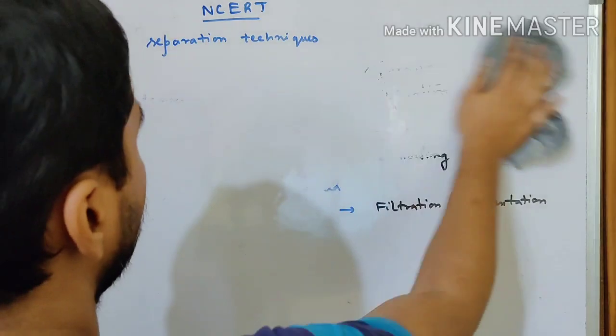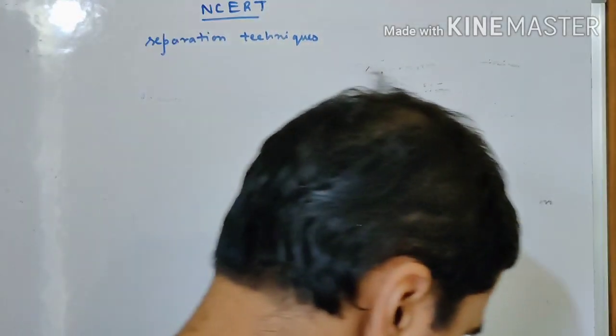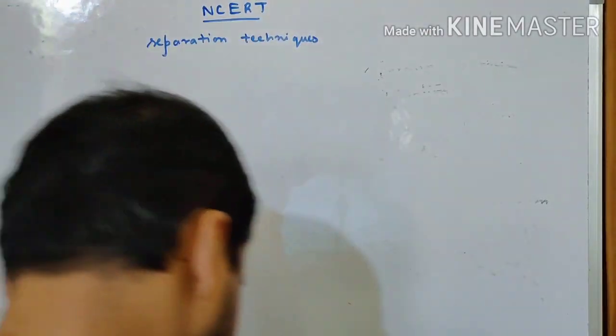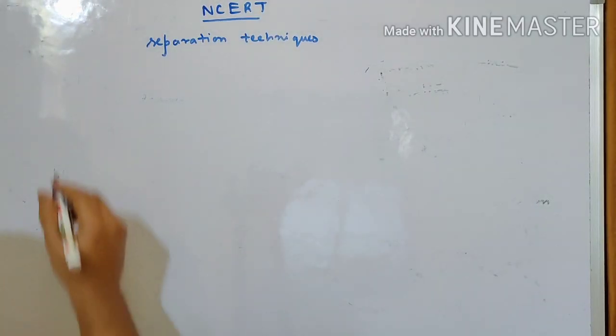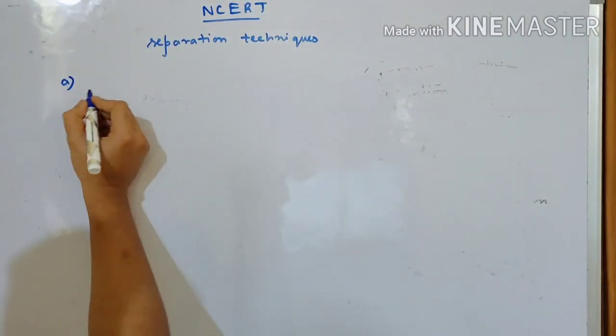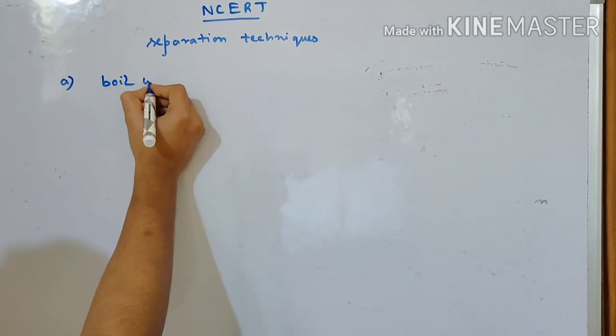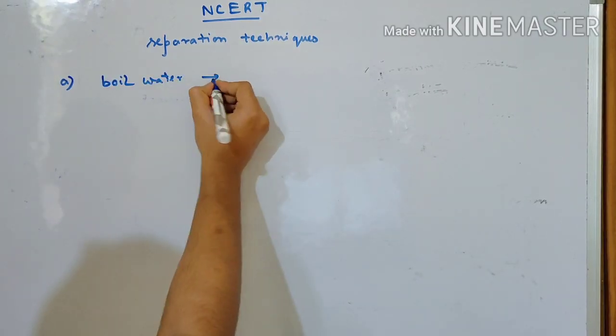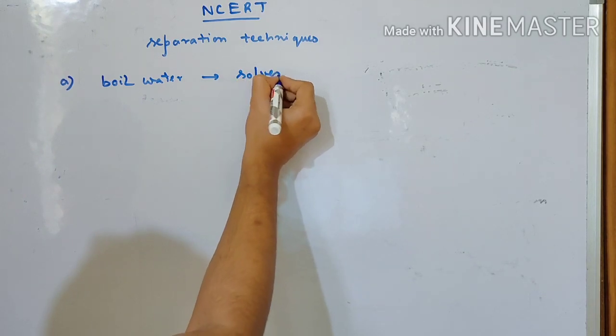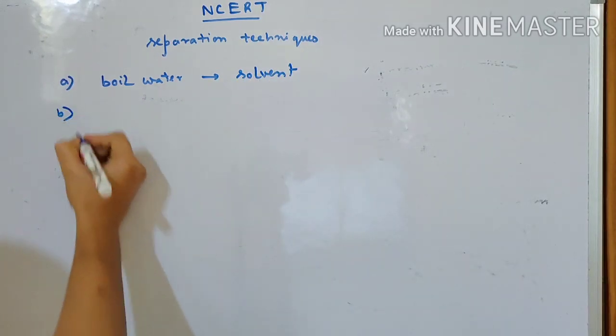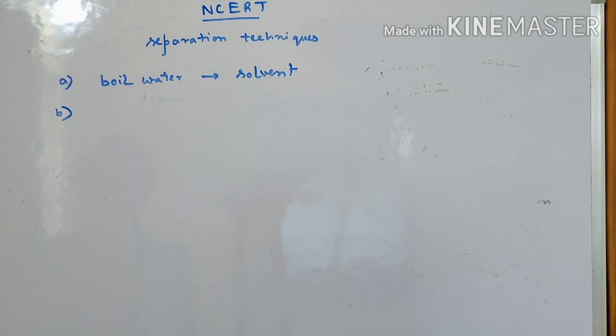So question number 2 we are solving now. In question number 2, the steps, first what we are going to do, we are going to boil water. And boil water is what? Solvent, because we have to use these words. Check the question carefully, we have to use these particular words.